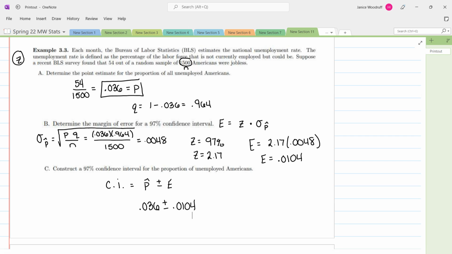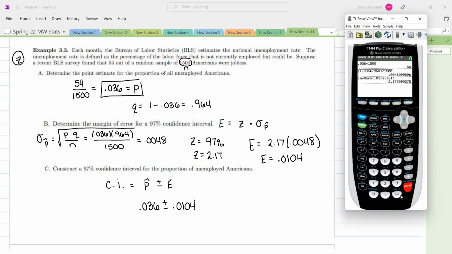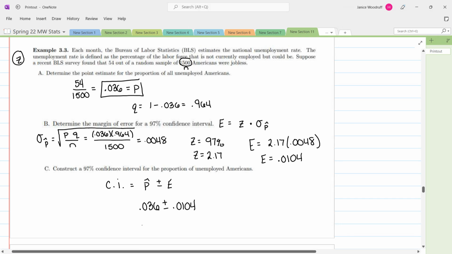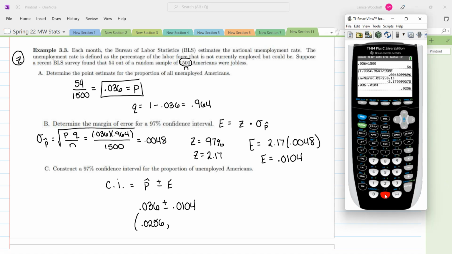So let's see, 0.036 minus 0.0104 gives us 0.0256. And then 0.036 plus 0.0104 is going to be 0.0464.